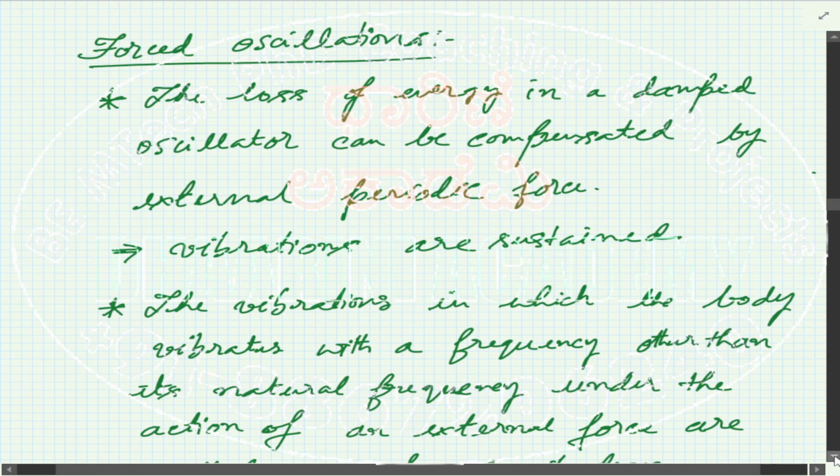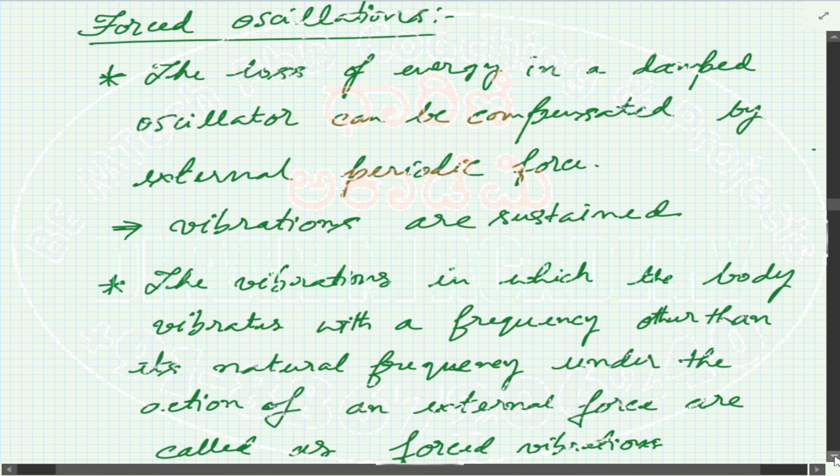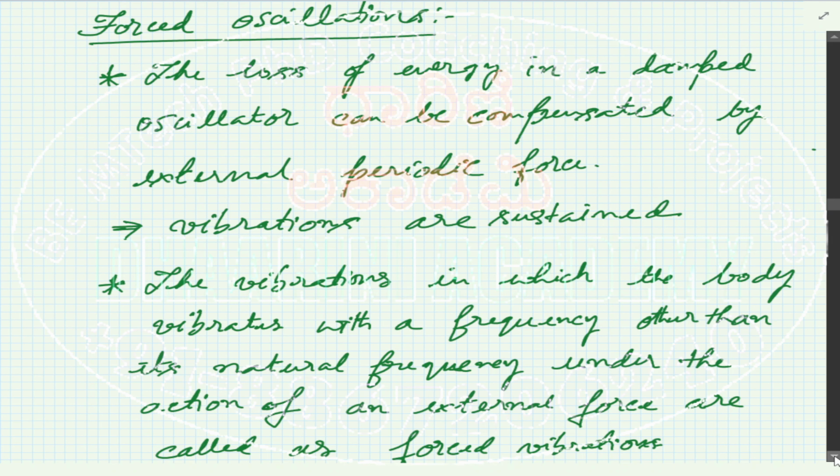It is called forced oscillation. In a damped oscillation, as time progresses, we lose energy. The loss of this energy in a damped oscillator can be compensated provided you externally apply a periodic force.